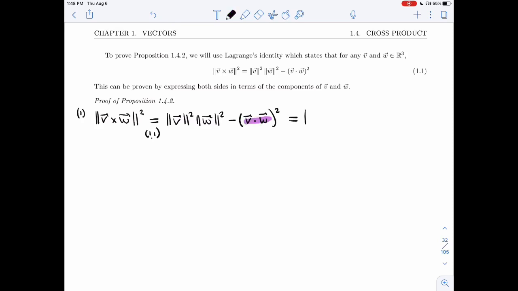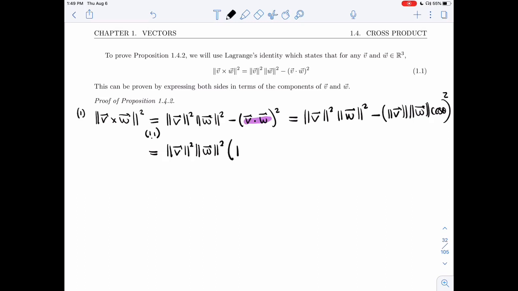The dot product, we actually proved using the cosine law, was length of v, length of w, cos theta, and then we square it all. So at this point, I can factor out length of v squared, length of w squared.